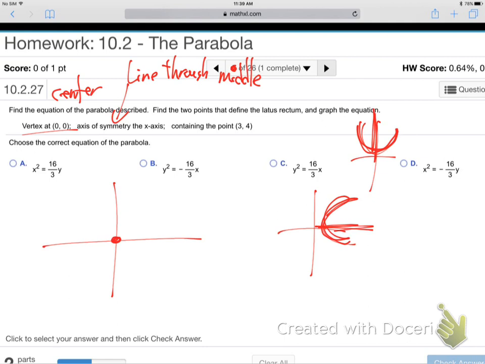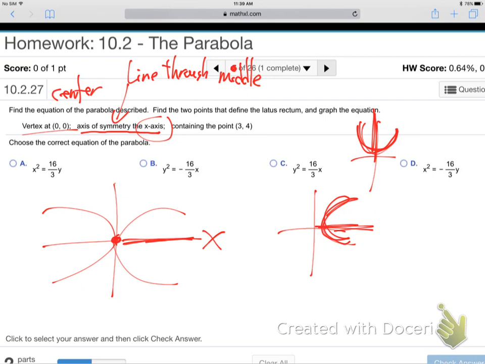So, okay, they're saying the axis of symmetry is the x-axis. This is the axis of symmetry. So what does that mean? That it either goes like this or it goes like that. You with me? It doesn't go up or down, because then the y-axis would be going through its middle.